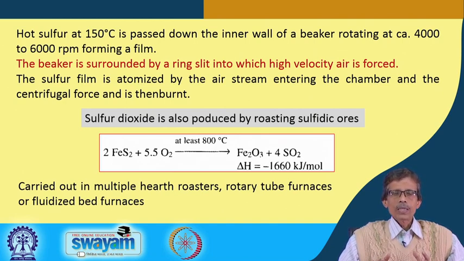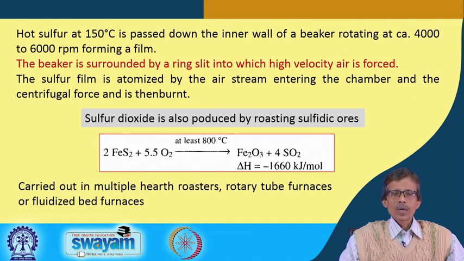And now that particular beaker is surrounded by a ring slit into which high velocity air is introduced. So, we are bringing that sulfur as a film into contact with the air, such that we get the reaction directly from sulfur with oxygen, giving you sulfur dioxide.